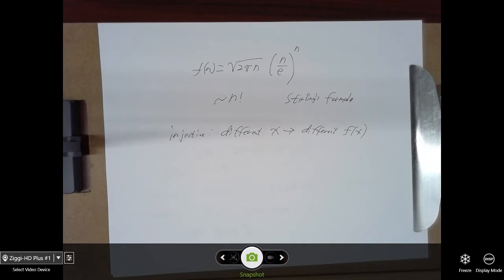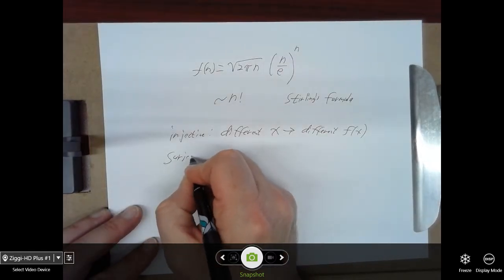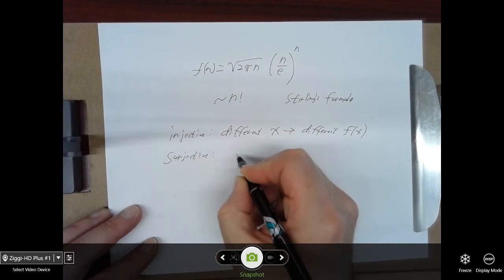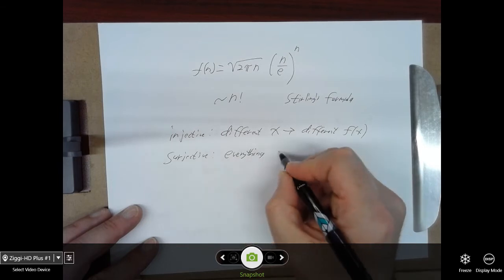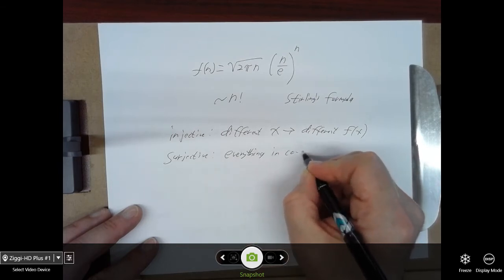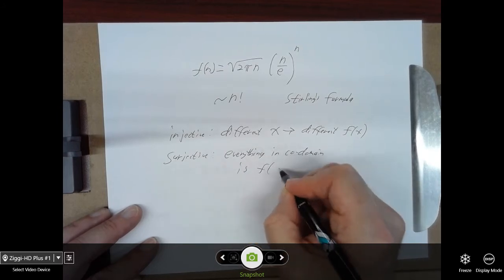That's what we mean to be injective. Surjective, everything in the codomain is f of something.